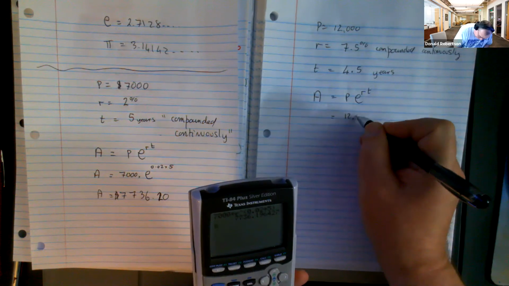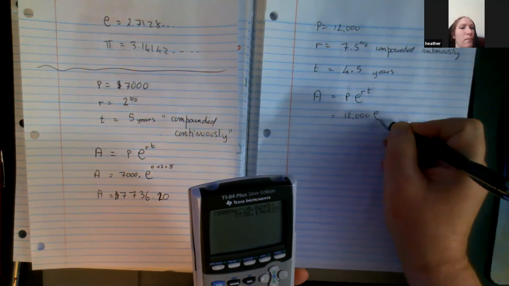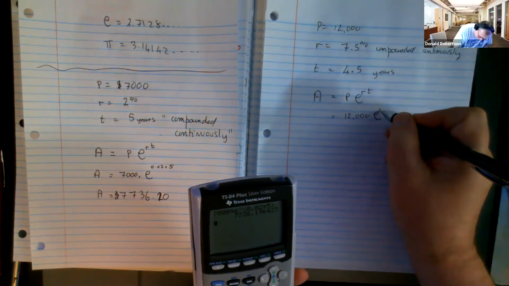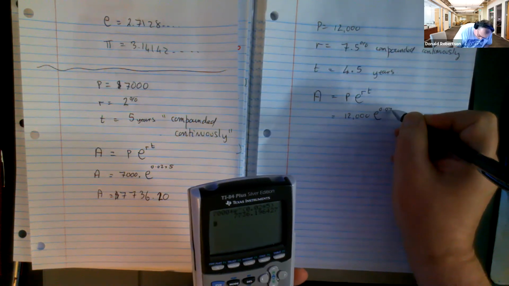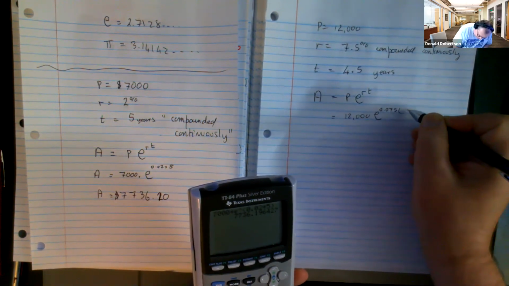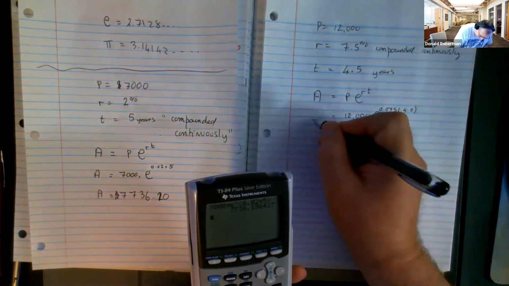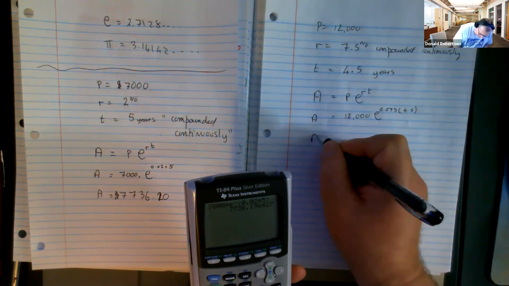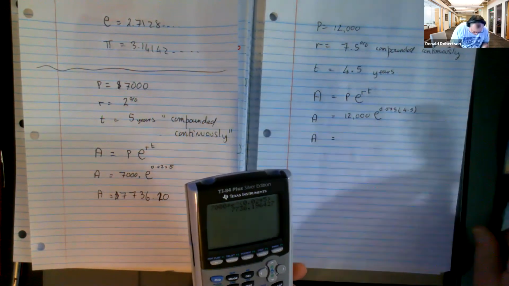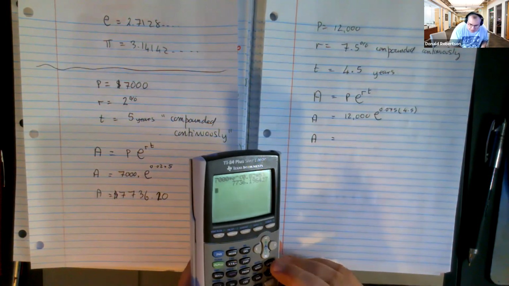So it's going to be 12,000 E, 7.5% is 0.075 times 4.5 years. Clear that one out of the way.